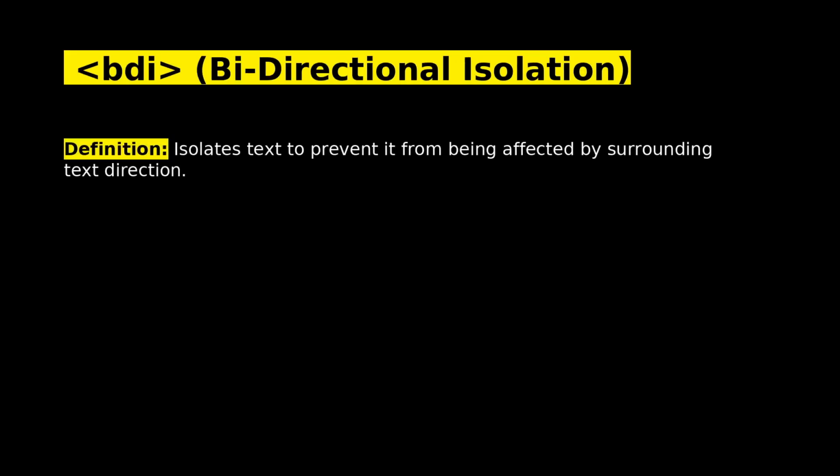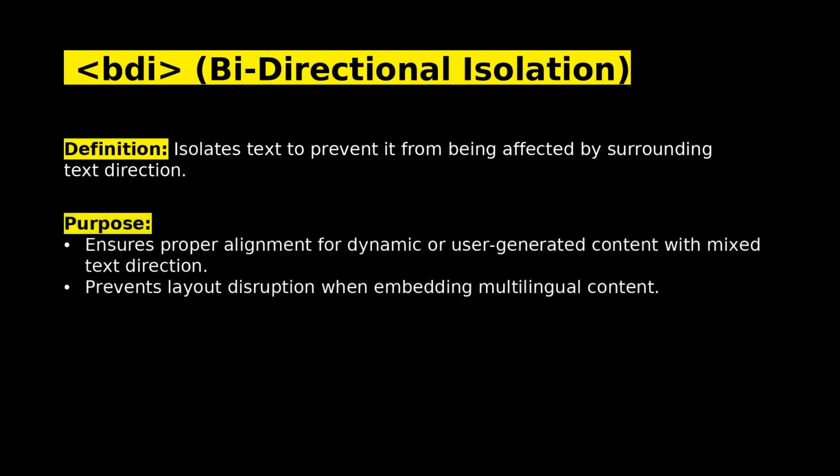The bidirectional isolation element isolates a piece of text to prevent it from being affected by surrounded text direction. Its purpose: it ensures proper alignment for user-generated or dynamic content with unknown or mixed text direction. It's useful when embedding multilingual content that could disrupt layout if not isolated.